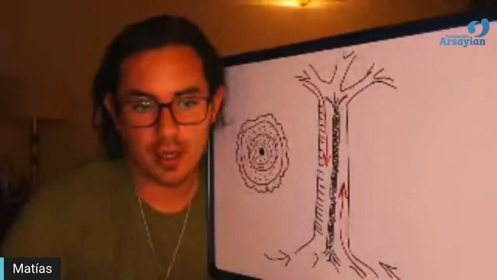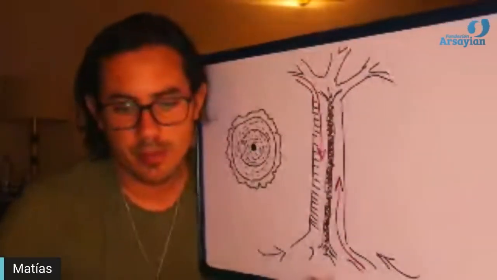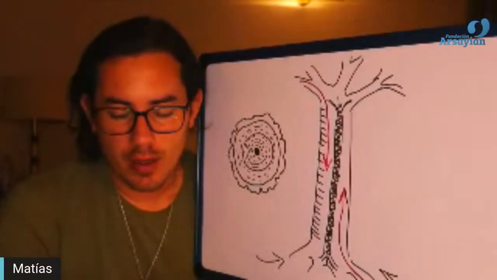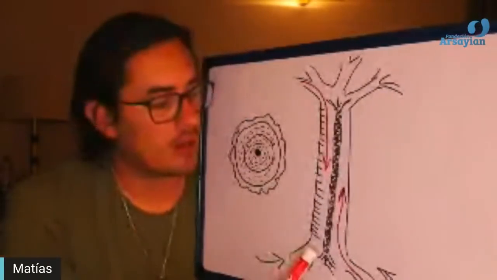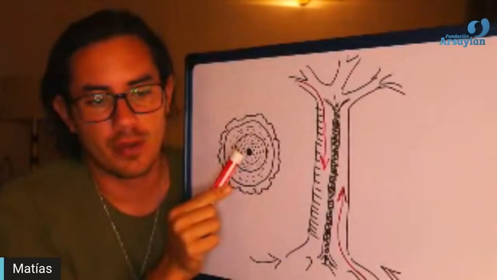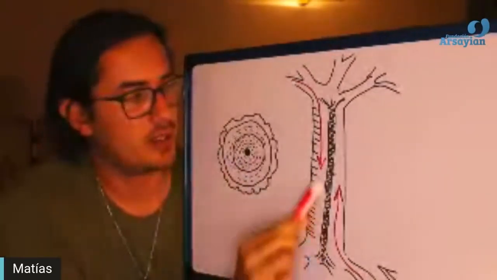Remember that a tree also has a marrow in the center. So if we cut it like this, we have this part here.